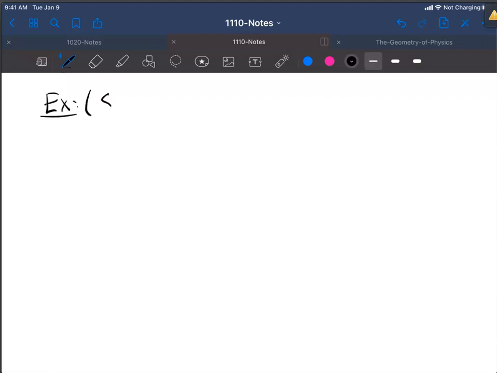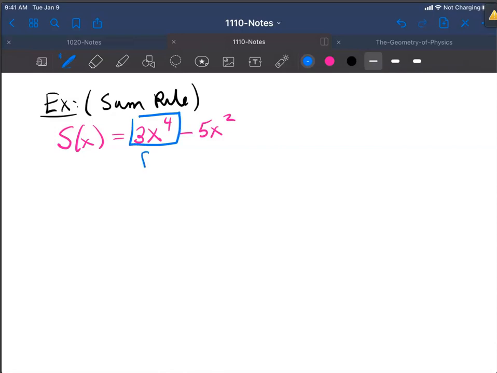So for example, the sum rule. Okay, I'm going to make a function. I'm going to call it S for sum. I'm going to say that this function is two functions added to each other. So let's make it 3x to the fourth minus 5x squared. Okay. What's the derivative of this sum function? Well, this sum function is made of two functions separately.